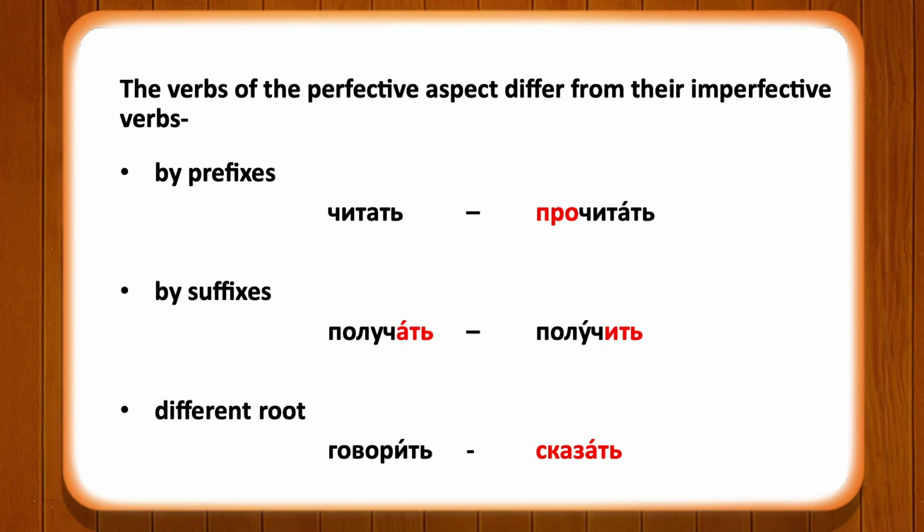So first difference is by prefixes, second difference is by suffixes, and the third way by which the perfective aspect may differ is by having a different root. So these are the three ways in which a perfective aspect verb differs from their imperfective verbs.